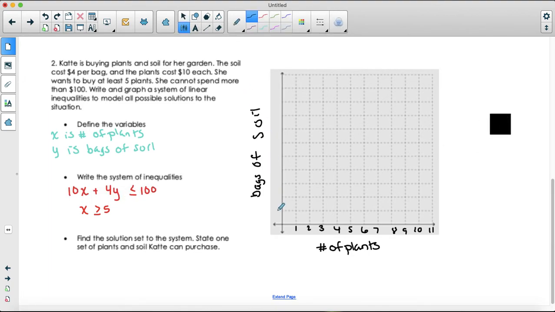Which if I count by 2's, I'll get to 22. So 2, 4, 6, 8, 10, 12, 14, 16, 18, 20, 22. Then we'll have 24 up here, and then 25 will be right above that. So it's not going to fit perfectly, but I can go a little off the graph.